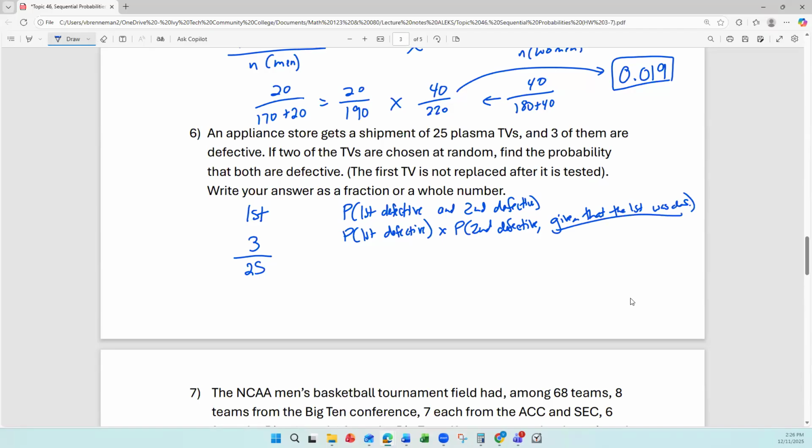So probability first is defective, 3 out of 25. Once we assume that the first was defective, that's what the given that the first was defective means, now there are 2 defective left out of 24 total left. So 3 out of 25 times 2 out of 24 comes out 6 out of 600, or 1 out of 100.